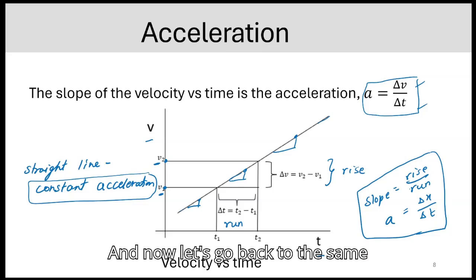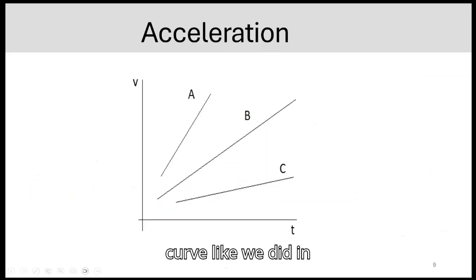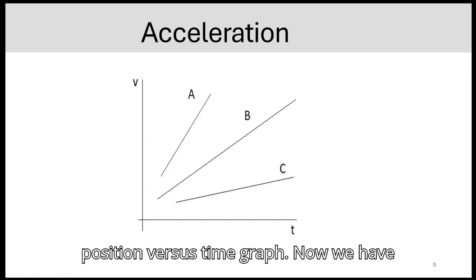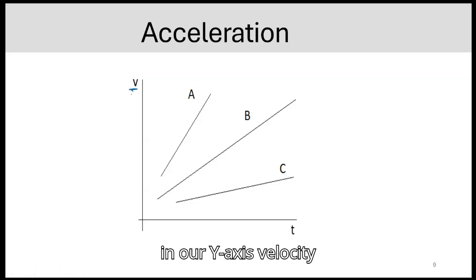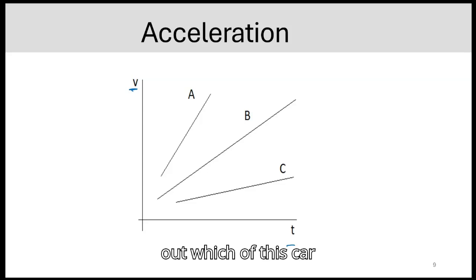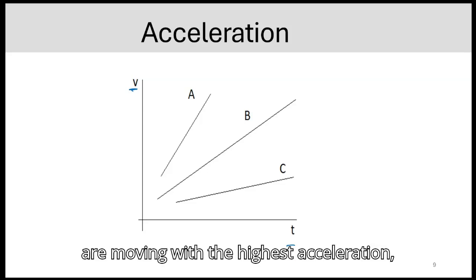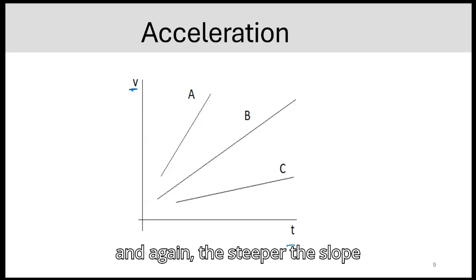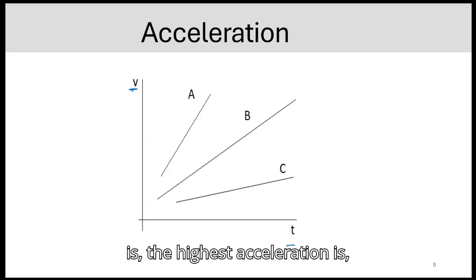And now let's go back to the same curve like we did in the position versus time graph. Now we have velocity on our y-axis, time on our x-axis, and we need to figure out which of these cars is moving with the highest acceleration. And again, the steeper the slope is, the higher the acceleration is.